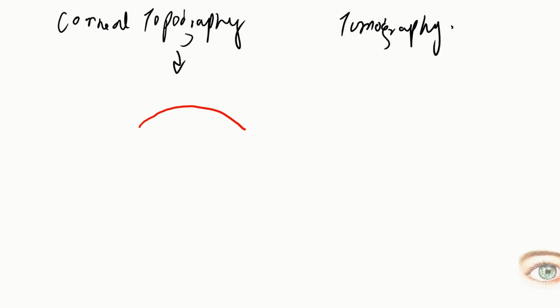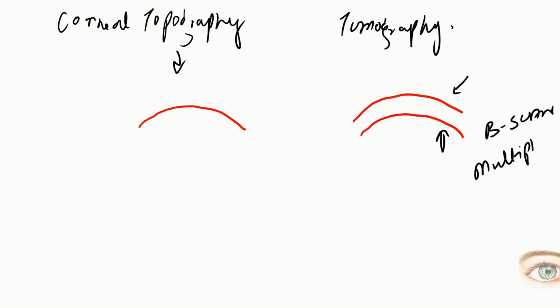And in tomography, you basically have a 2D image of the anterior plus the posterior surface. It's actually a B scan formed by multiple A scans, which gives a 2D image.